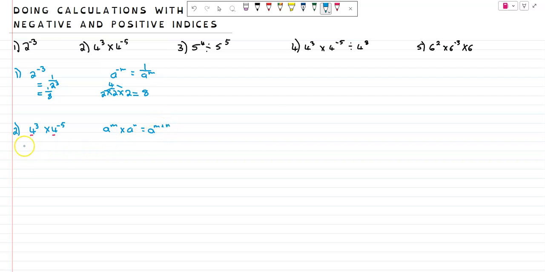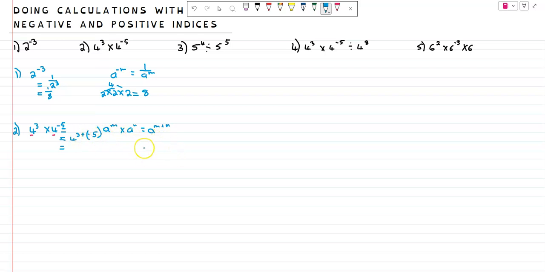Okay, so let's do that. We say 4 to the power of 3 plus negative 5.